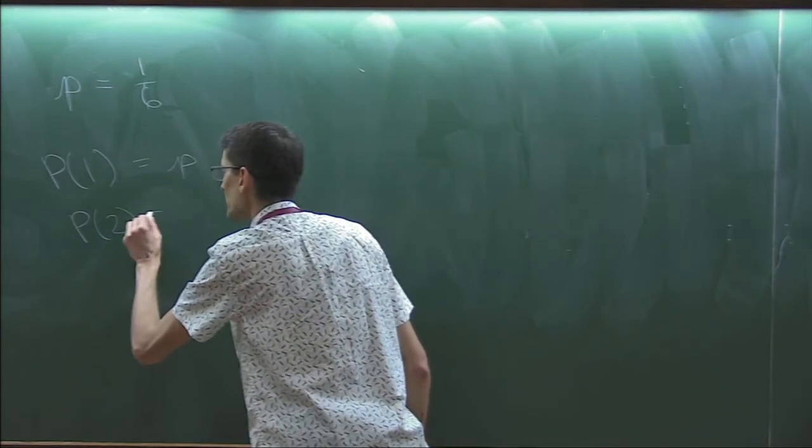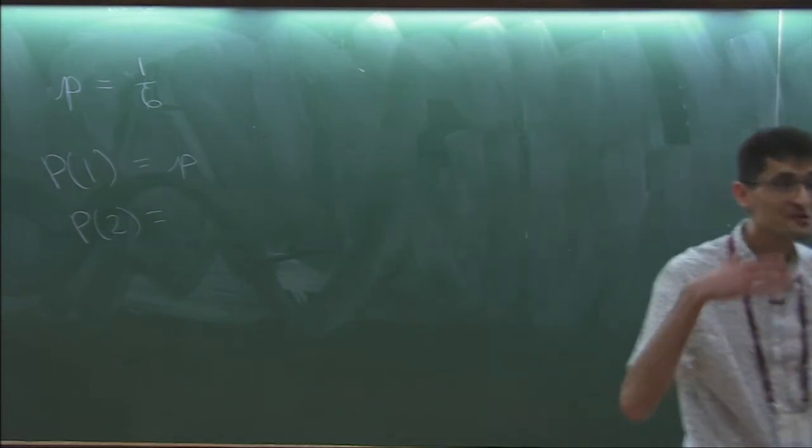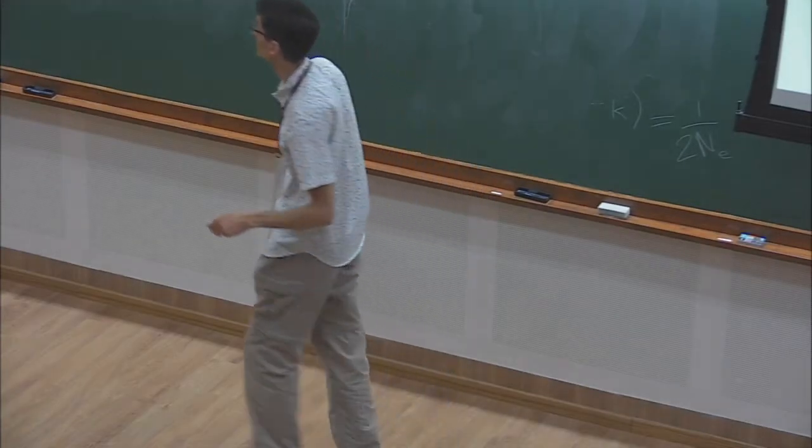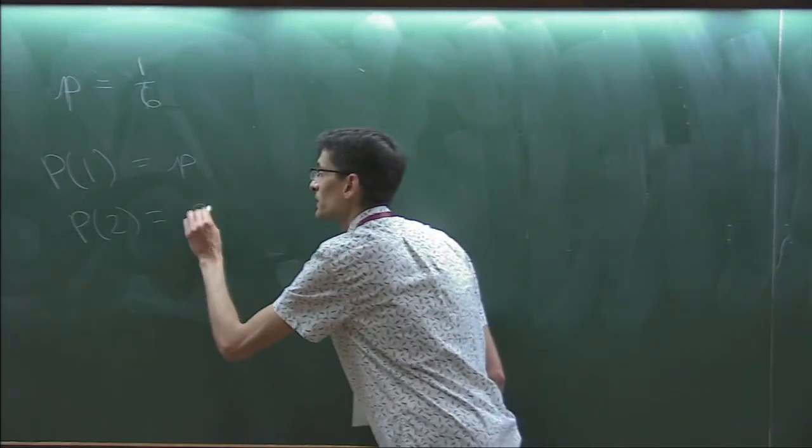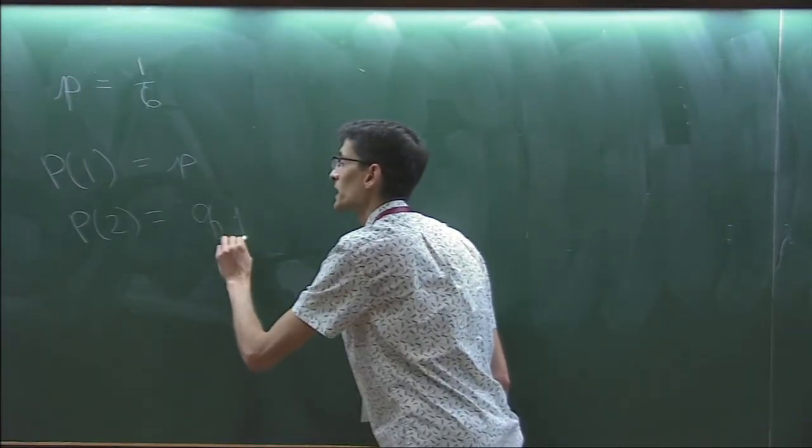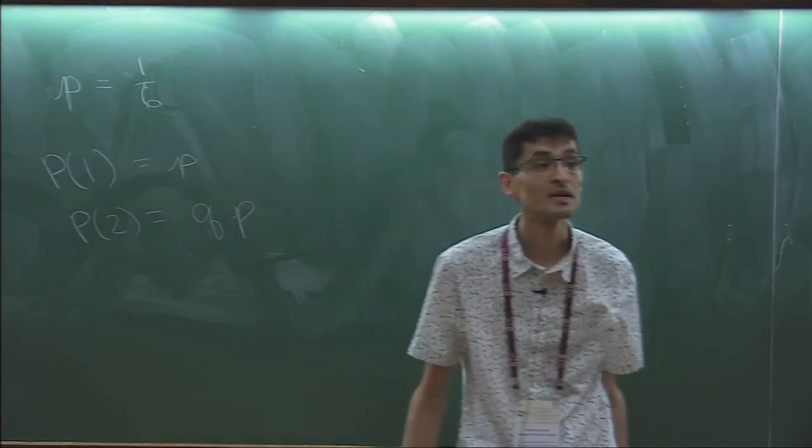Sorry if I'm banging you over the head with this, the way to think about this is really it's the chance that I don't get it on the first turn, and I get it, right? Magic word, independent event. We can use the and rule, and that I do get it on the second turn. So I'll write that as Q times P, where again, Q just is equal to 1 minus P.